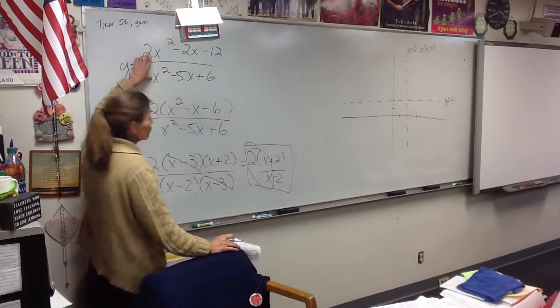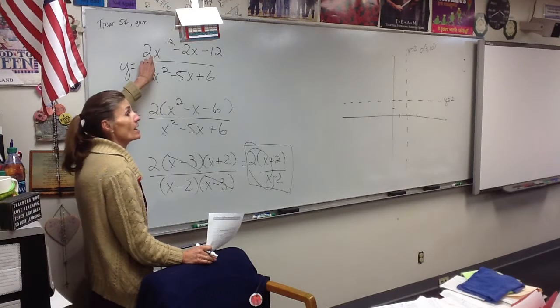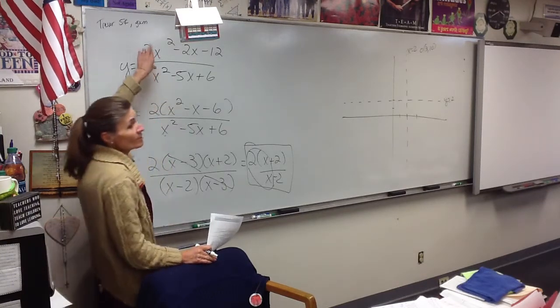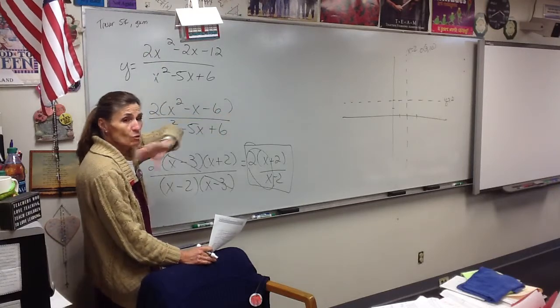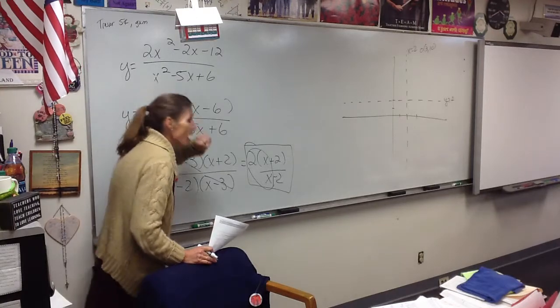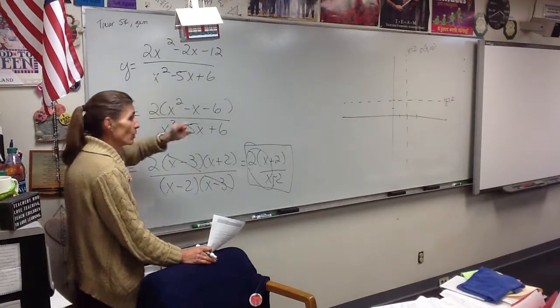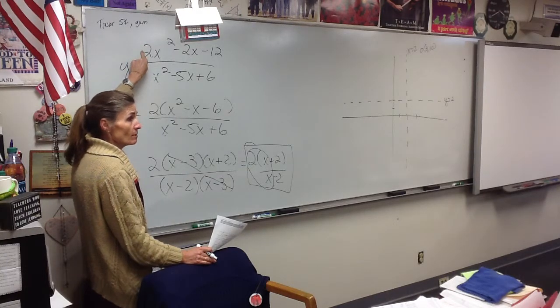Look at the original problem. What can you tell me about the x's? They match. And when the x's match, your end behavior asymptote is going to be horizontal. It's only not horizontal when what happens? The power on top is bigger.